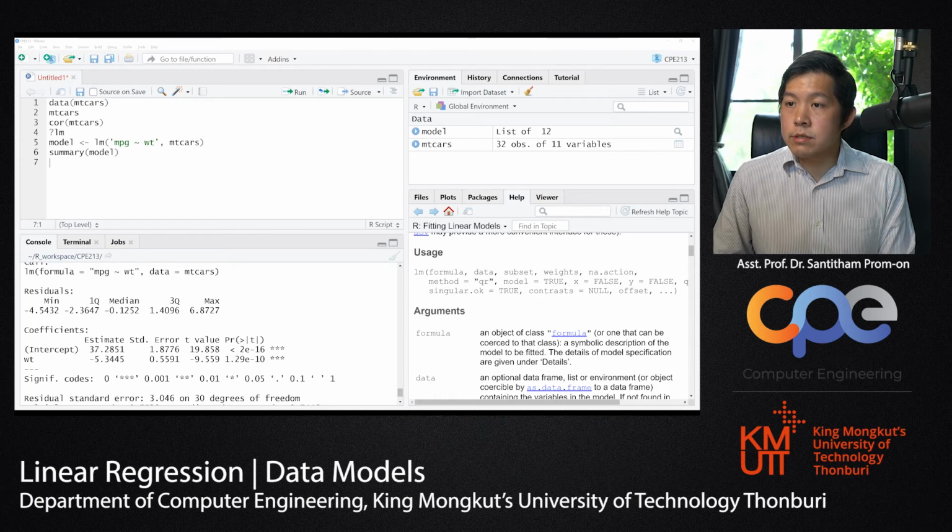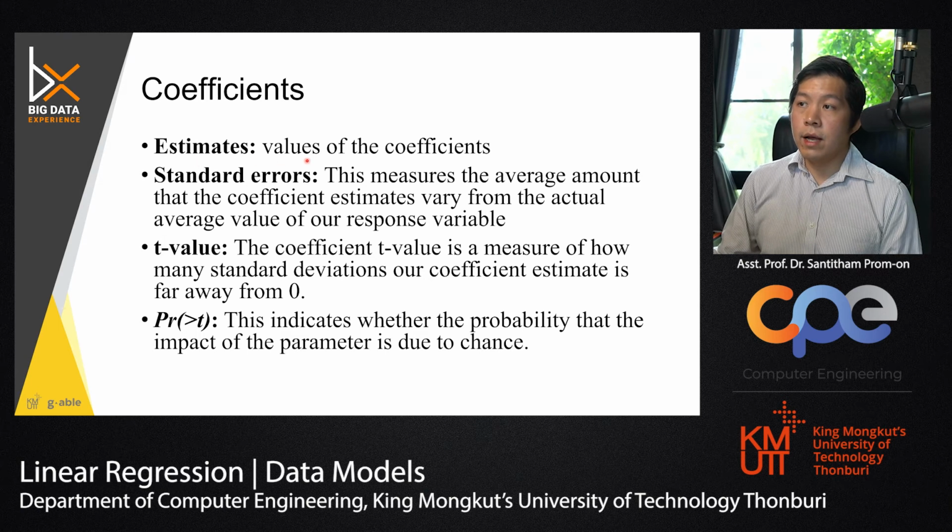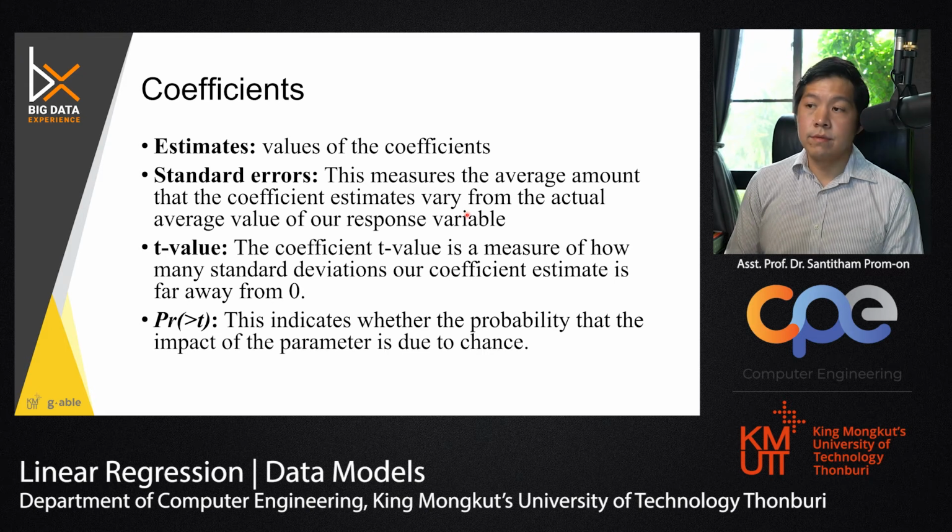Let's look at the explanation here. The estimate in the coefficients indicates the value of the coefficients. The standard error is a measurement of the variation. It measures the average amount that the coefficient would vary from the average value of the response variable. Basically, it tells you the variation of the data with respect to these coefficients.